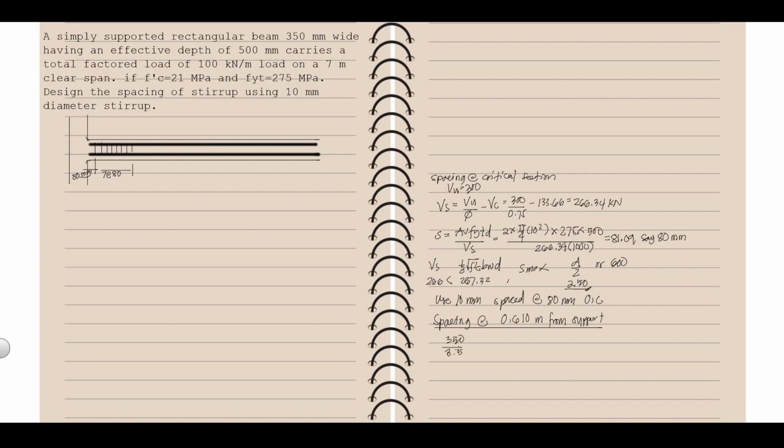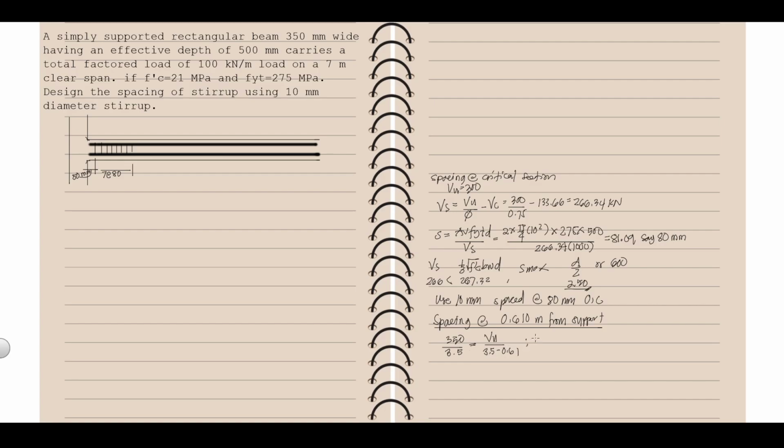Tama? Times daw, equal to, VU is to, ano yung distance nun? So, 0.610 mula sa face of the support. So, that is 3.5 minus 0.61.